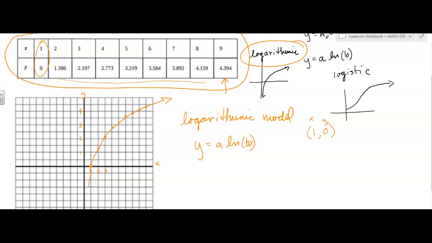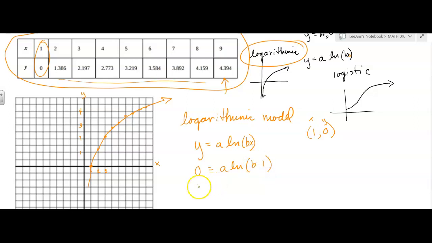Okay, so ln bx. Squeeze that in there. I'm getting an output of 0 = a ln (b·1). Okay, x was 1. I'm trying to find b. b times 1.